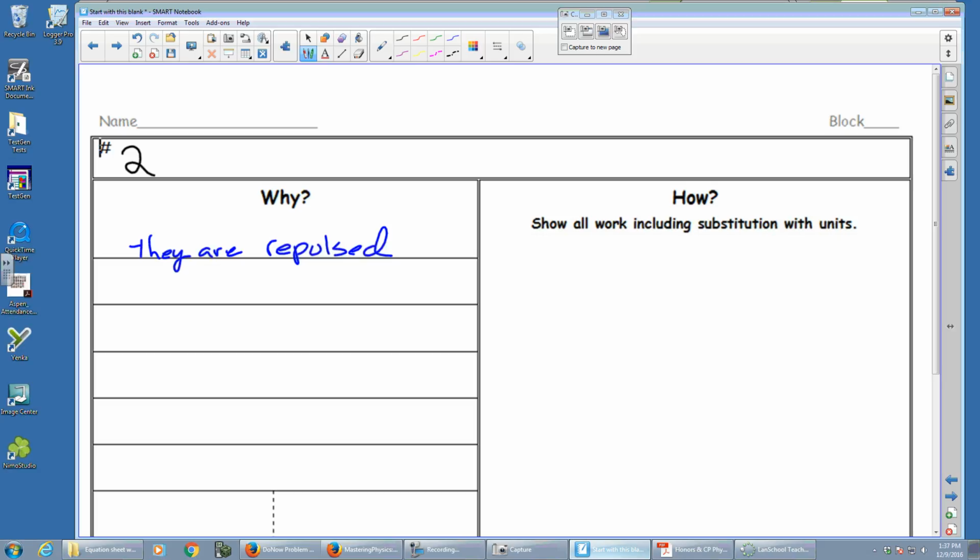Is electrical force based on mass? No. What's it based on? Charge. Right. Kind of what I was trying to get at. There's an electrical force between them because they're both charged. I figure we have to go to the basics, right?